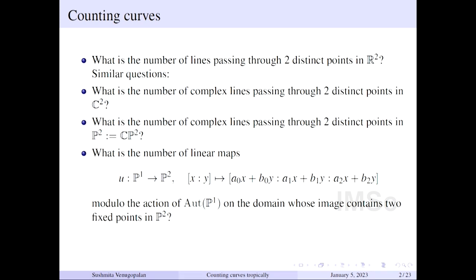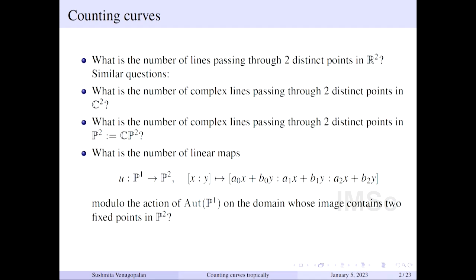A complex line is a C, and when you compactify it, it's an S2. When you parametrize such lines, these are actually linear maps from P1 to P2, which have that form in homogeneous coordinates. Okay, so we are talking about parametrized lines.